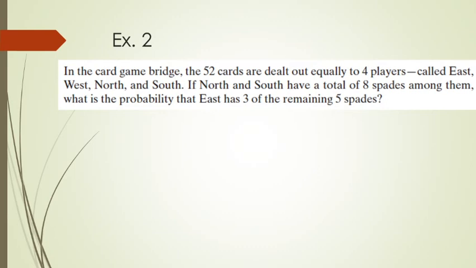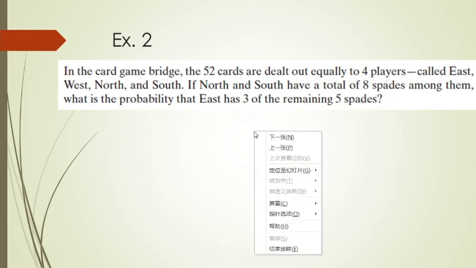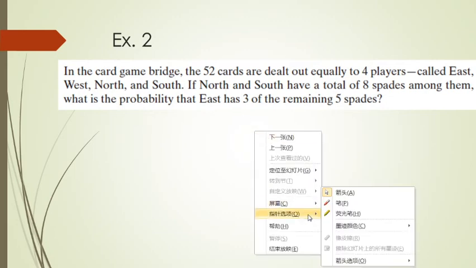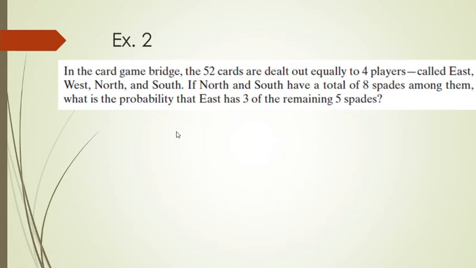So here they mentioned, if north and south have a total of 8 spades, what is the probability that east has 3 out of 5 spades? Which means, given the condition that north and south have already got 8 spades out of 13.